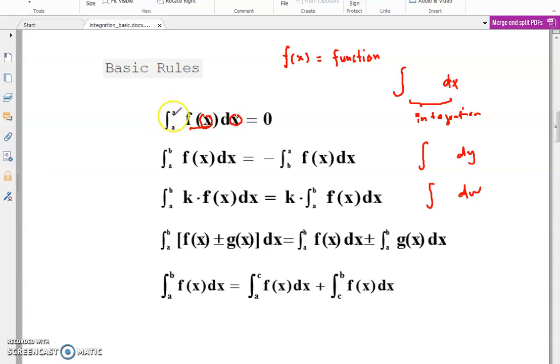Here, the interval that we have is a and a, where the bottom a we call the lower limit, and the other a at the upper part we call the upper limit.